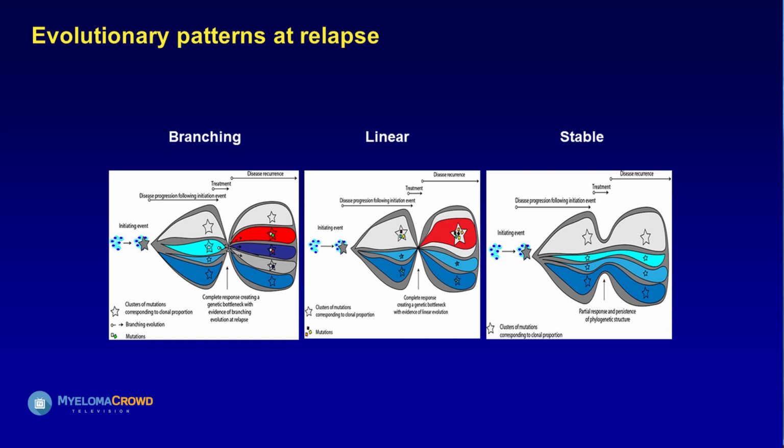And so if you've got a good response and achieved a CR, it's almost always this branching evolutionary process, consistent with you having eradicated all of the cancer cells and some resistant low-level disease growing back. In contrast, if you don't achieve a complete response, mostly the patterns are exactly the same and unchanged since the disease progressed or presented.